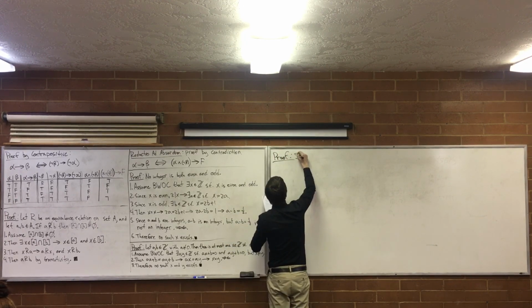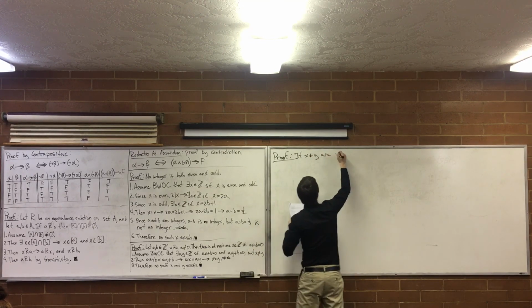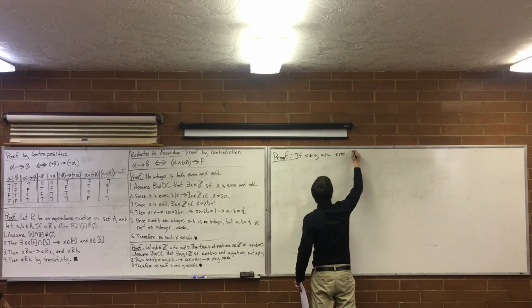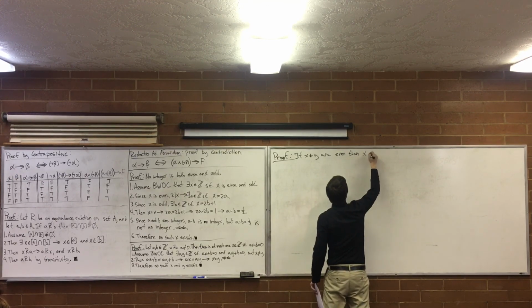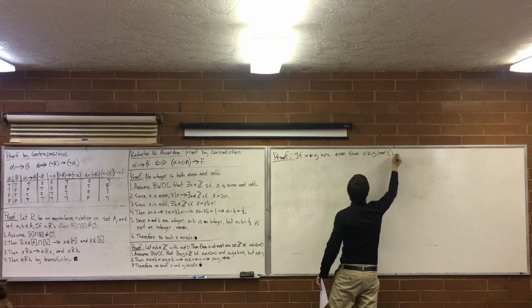Prove if x and y are even, or odd, I guess it doesn't matter which one we do first, then x is congruent to y mod 2. Right?